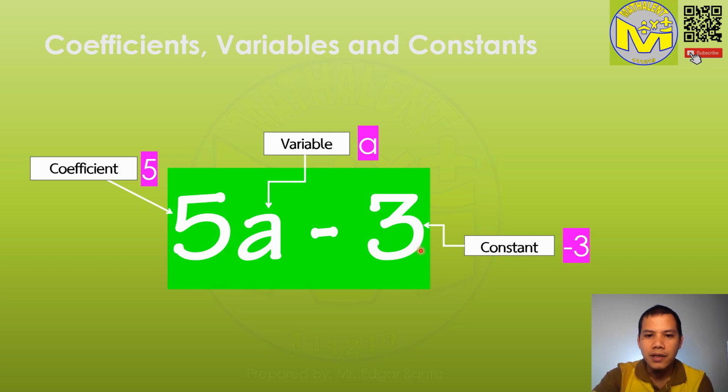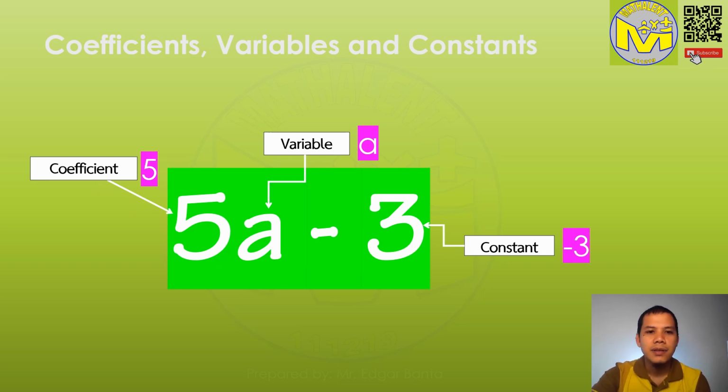It doesn't have a variable, so it is called a constant. While when a number has a variable beside it, it is called a coefficient. But still, this is still a constant, okay? Because it is a number. A constant is a number.